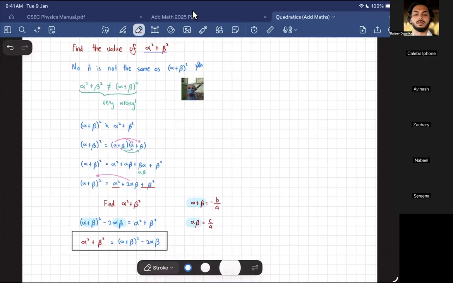Serena, if I wanted to find alpha cube plus beta cube, do you think you'd be able to figure that out? I think so, but it might take me some time. It would take me some time as well.